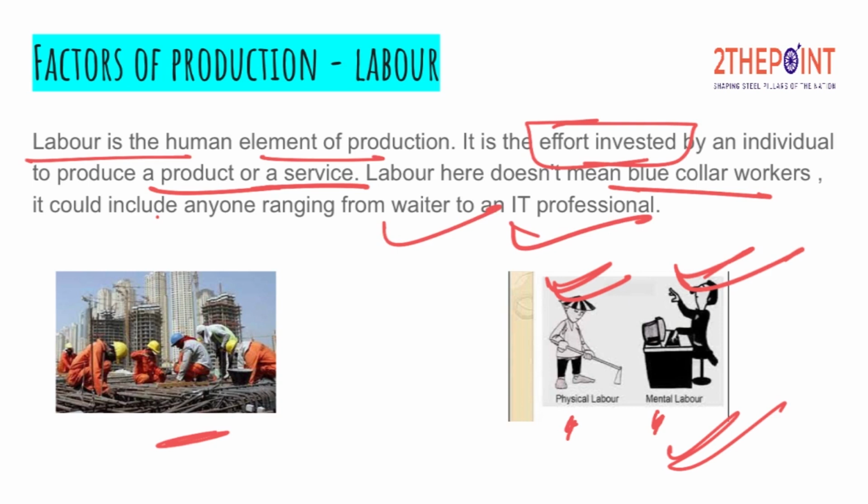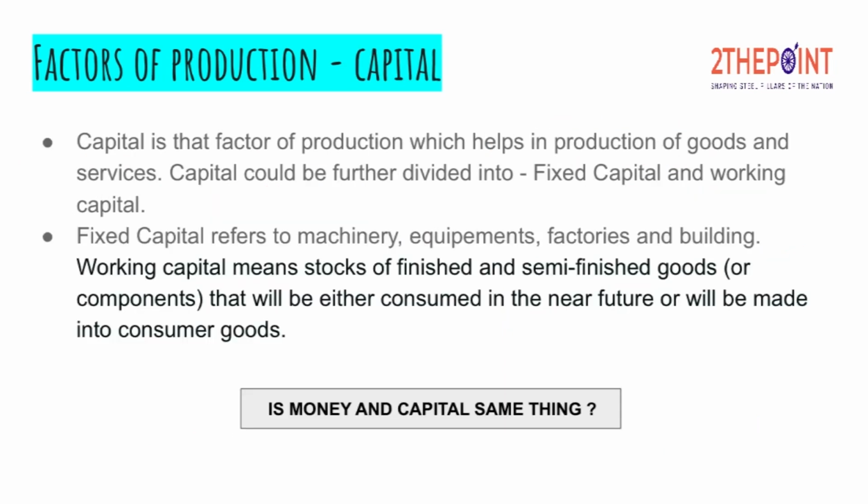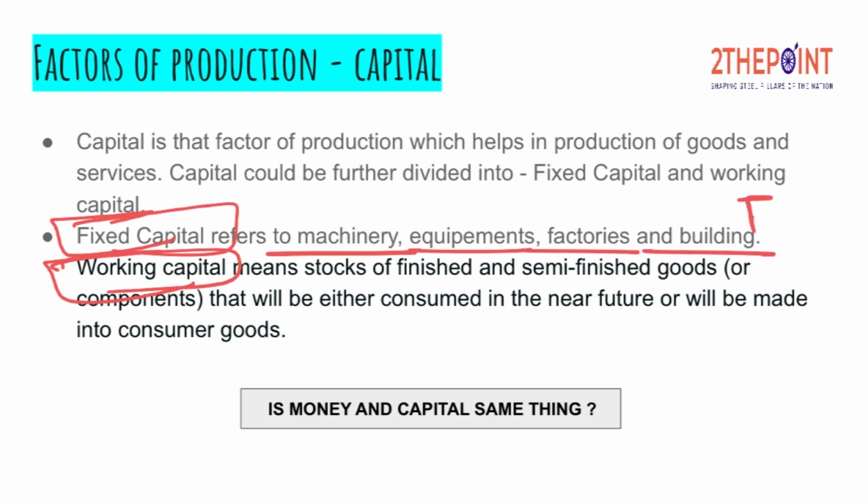Now moving on to the next factor of production, which is capital. Now what forms the capital? Whenever we talk about the term capital, we mean anything employed to increase productivity, like physical tools, plants, machinery. What plant and machinery do is speed up your production process. This capital can be further divided into fixed capital and working capital. By fixed capital we mean machinery, equipment, factories and buildings, something which remains fixed throughout the production cycle.